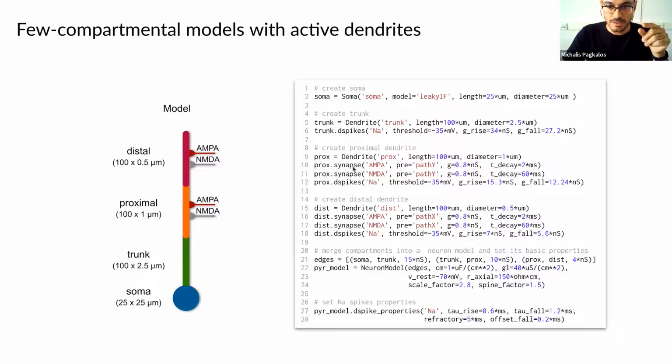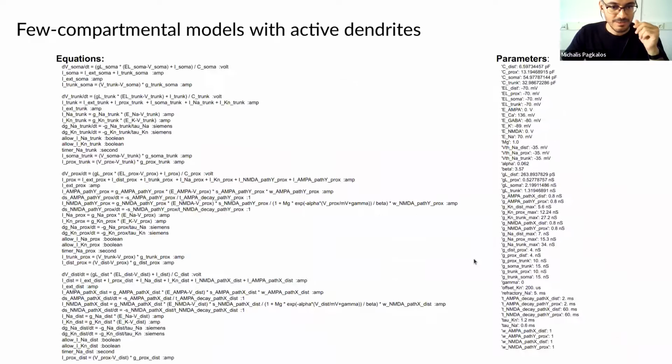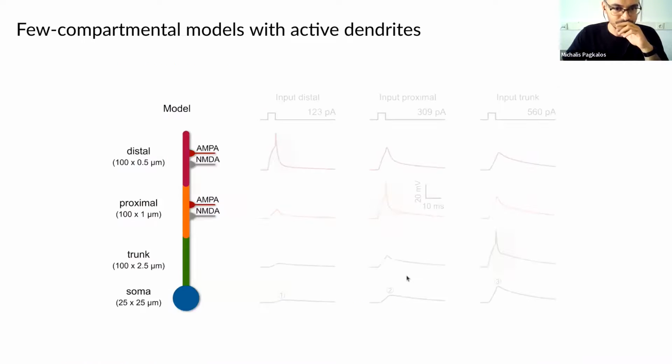For example, if you focus on the proximal dendrite, we can activate AMPA synapses and NMDA synapses, and we can activate sodium channels with just a little code. It's quite straightforward. What Dendrify creates for you in the background is all the equations, the parameters of the models, and many things that they don't show here, like custom events that work for Brian and a lot more. In the past, you had to do this manually, by the way.